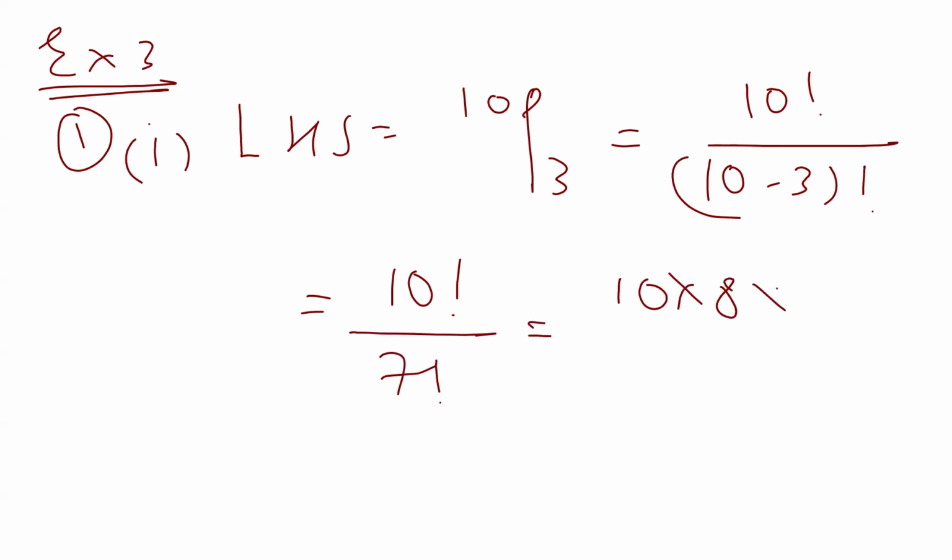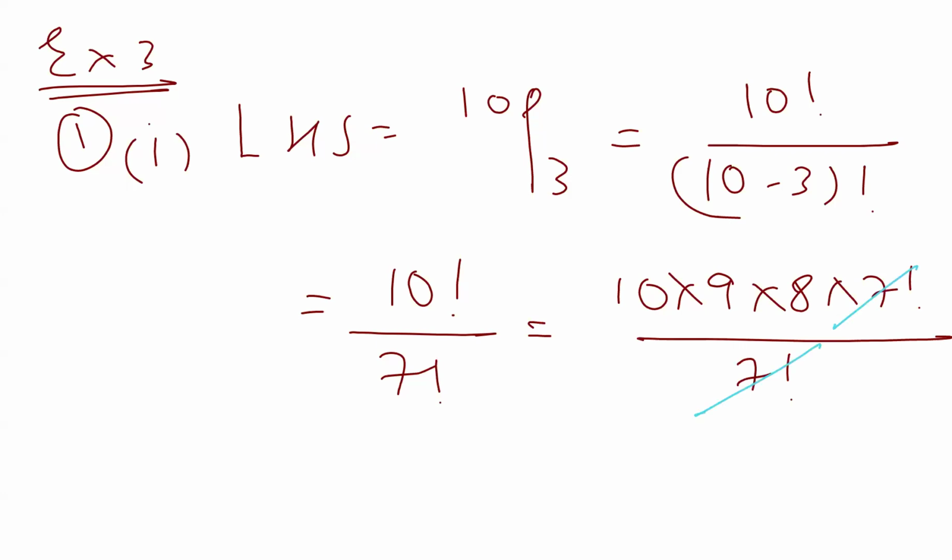So 10 into 9 into 8 into 7 factorial. I'll stop at 7 factorial because 7 factorial is there in the denominator. So this gets cancelled. So it is 10 into 9 into 8, which is equal to 720.